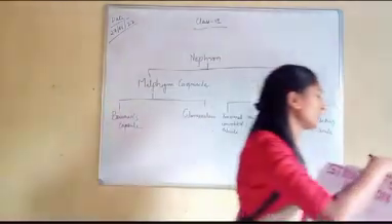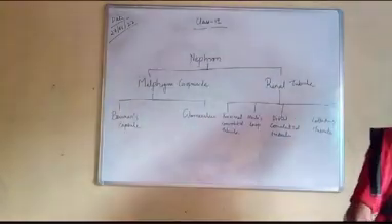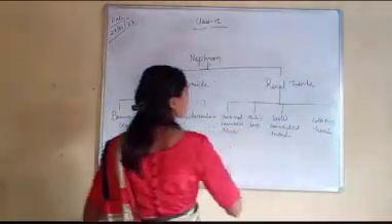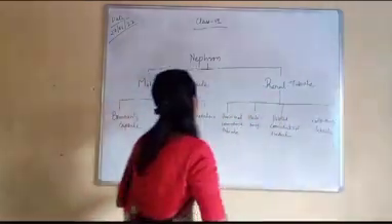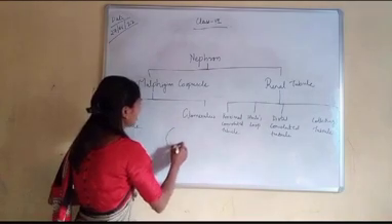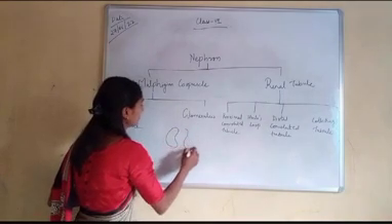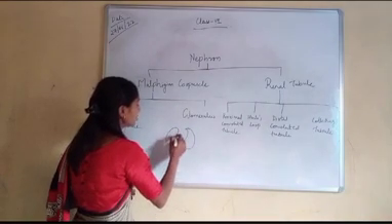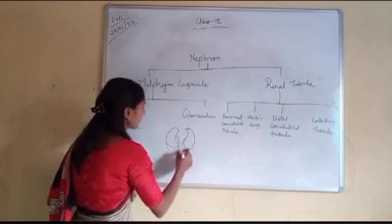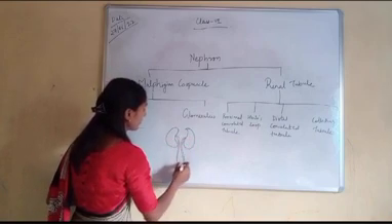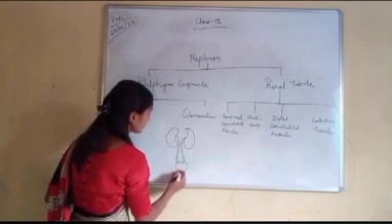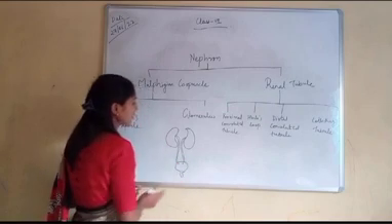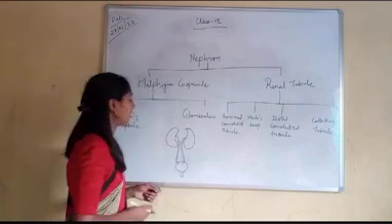So, what is happening now? From this collecting tubule, we studied the kidney, isn't it? These were the two kidneys, and from here the ureters, urinary bladder and the urethra, isn't it?